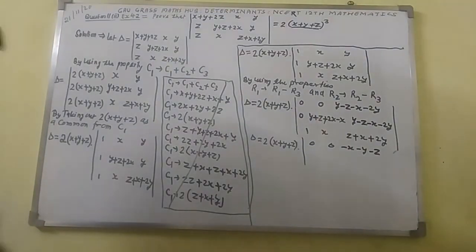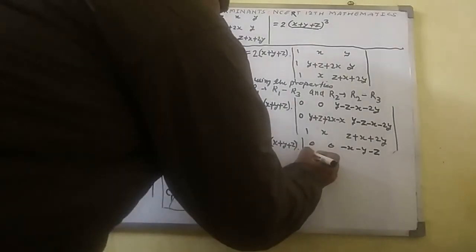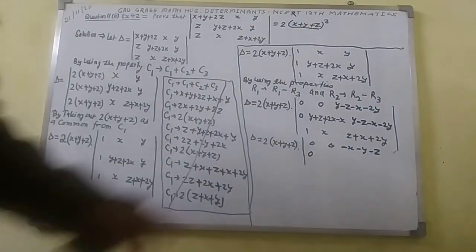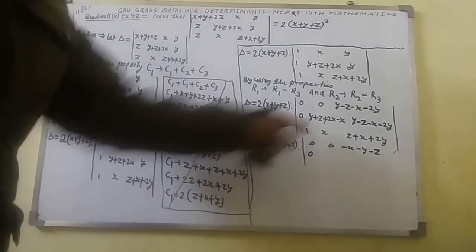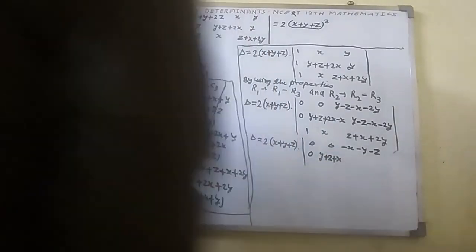The elements of second row will be written as 0, and here we will get y plus z minus x plus x, will get here plus x.